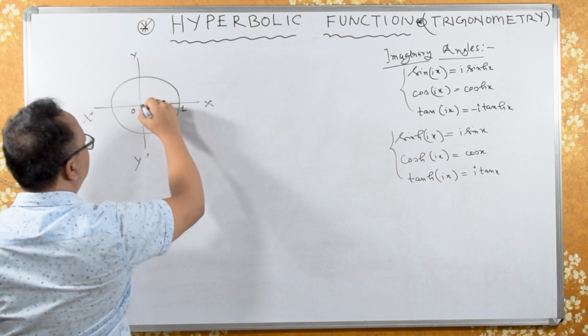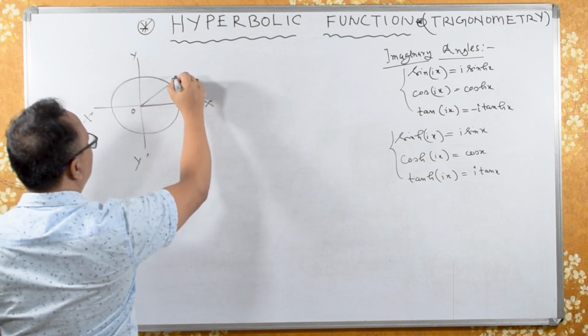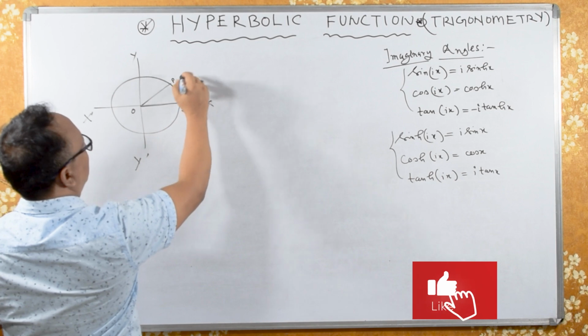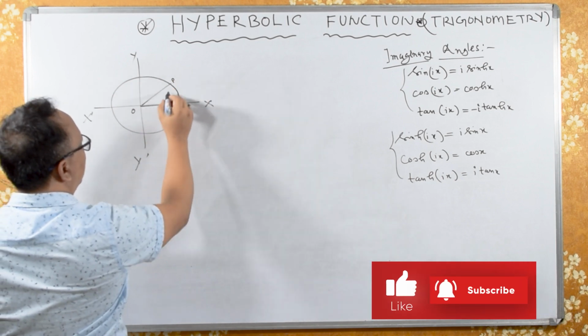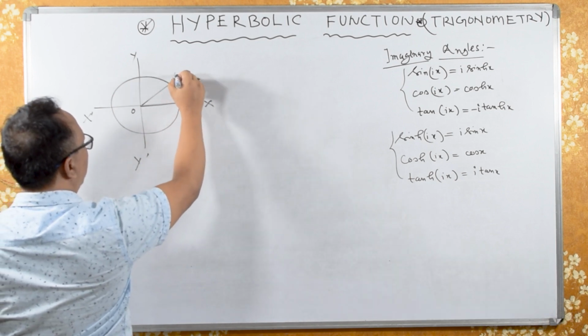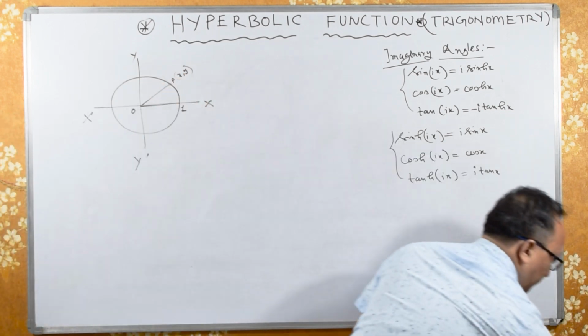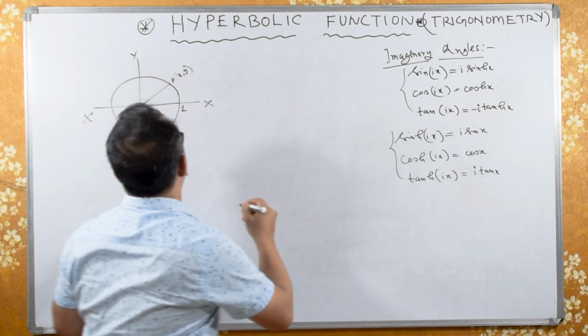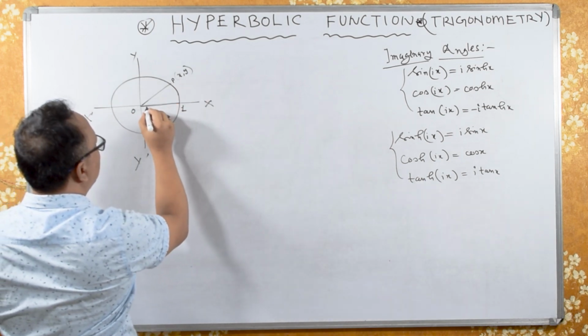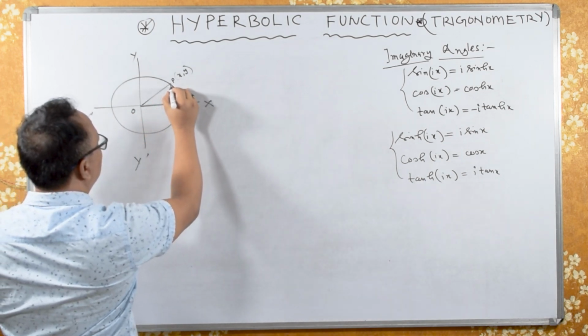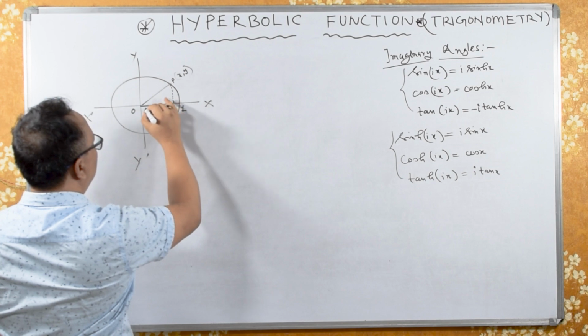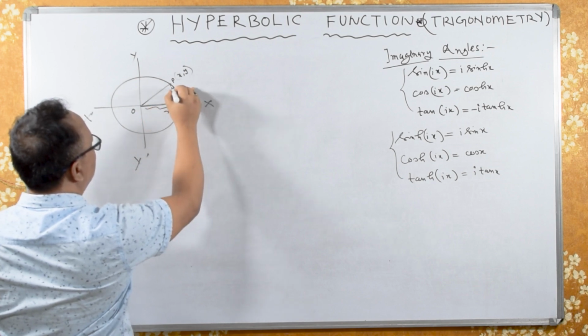Now if any point P(x, y) is taken here, x is from here to here, and y is from here to here.